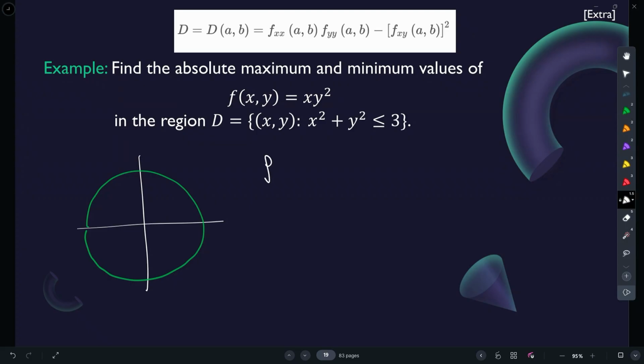So I want this function on x squared plus y squared equals 3. Any suggestions on how to figure out what is happening with this function at those values? How can I get a hold of what the values are on that circle?